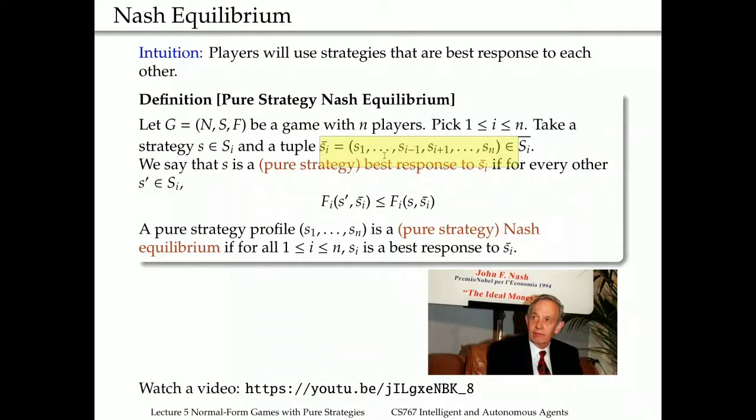We say that this strategy S is a best response to the opponents' strategies if, for every other action that can be taken by this player, S will give the highest payoff. So Fi of S prime, given the opponents' strategies, will be less than or equal to Fi of S given the same opponents' strategies.